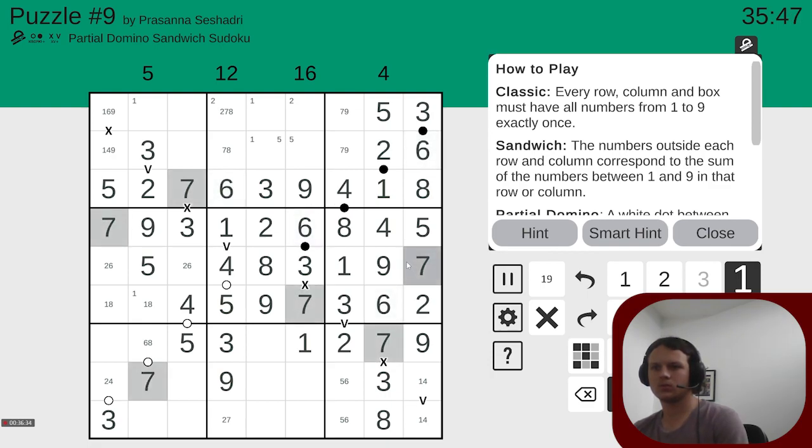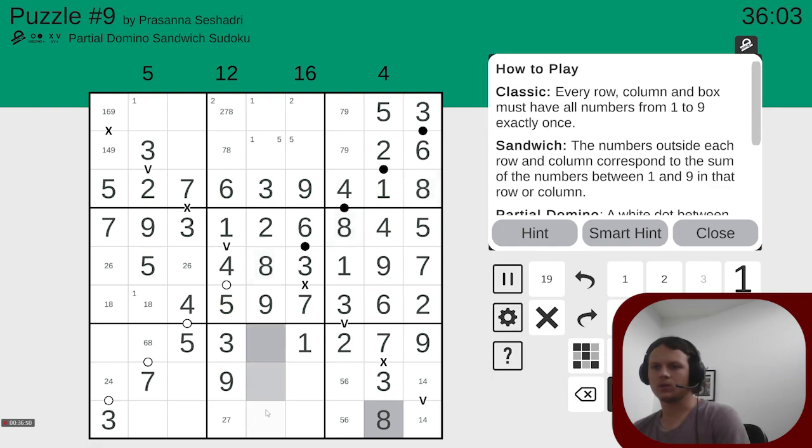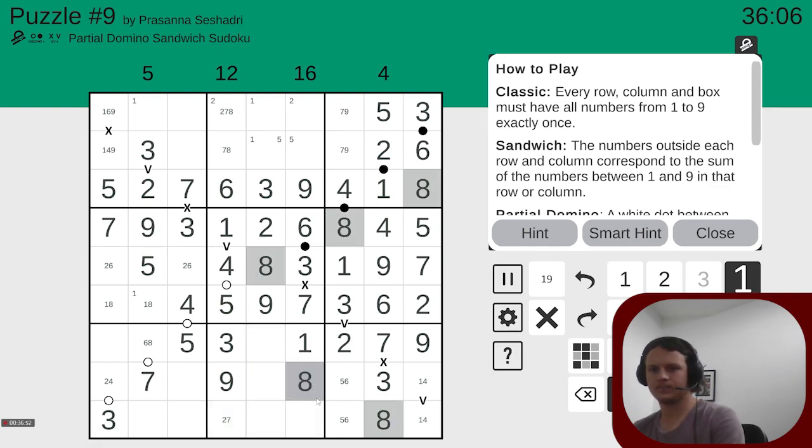Seven. Let's go down here somewhere. That doesn't help. An 8. Oh yeah, okay, 8. I can't go there. That's the 8. So 8 has to go there.